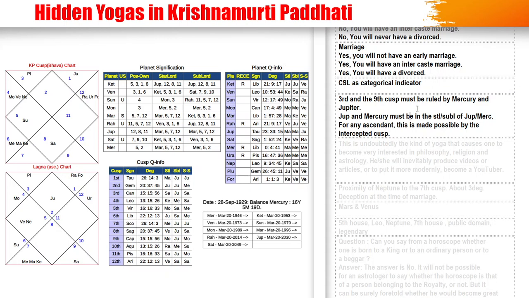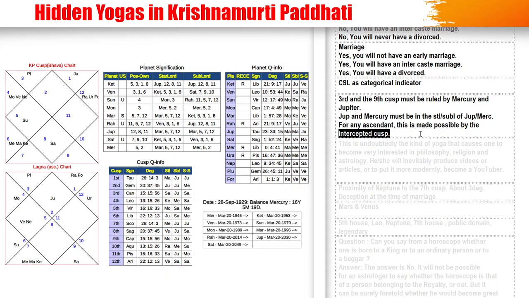The third and the ninth cusp. Now you might think that if somebody's ascendant is, let's say, Taurus, then the third cusp might not be ruled by Mercury. But if you look at the intercepted cusp, then there is always a chance that the third cusp might be ruled by Mercury or Jupiter.